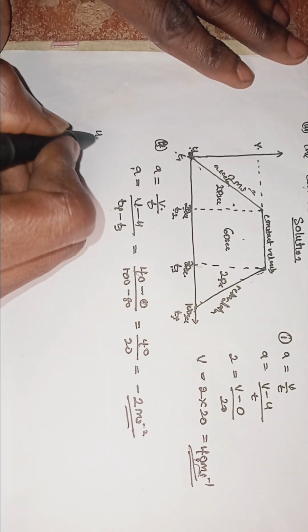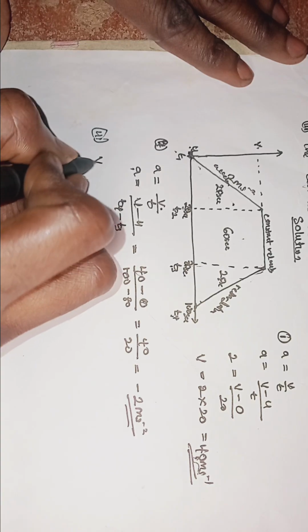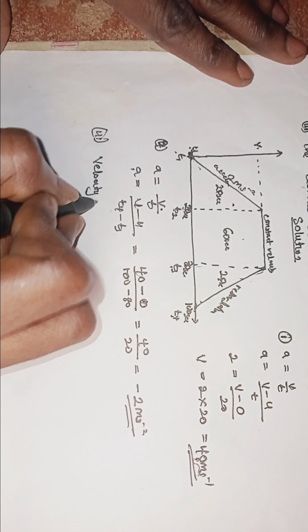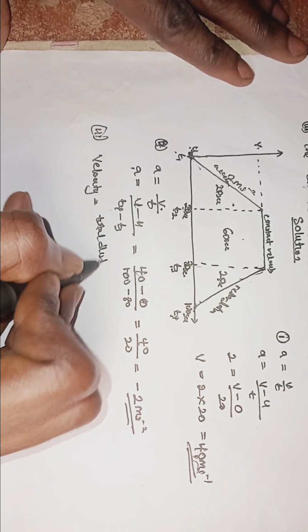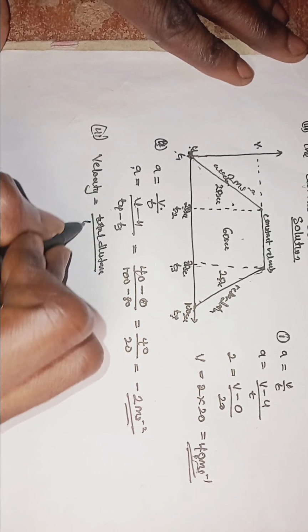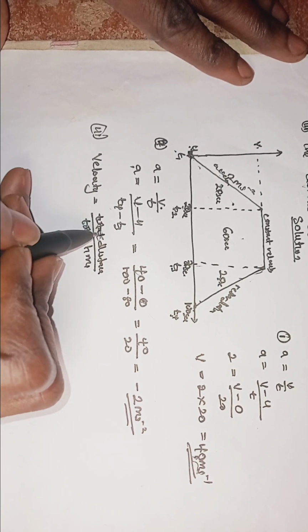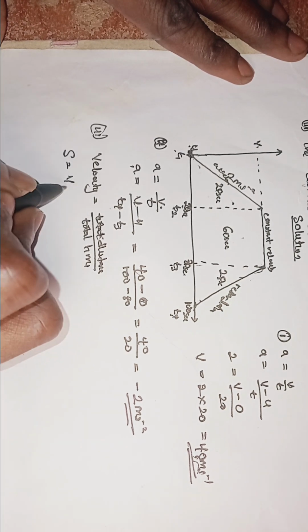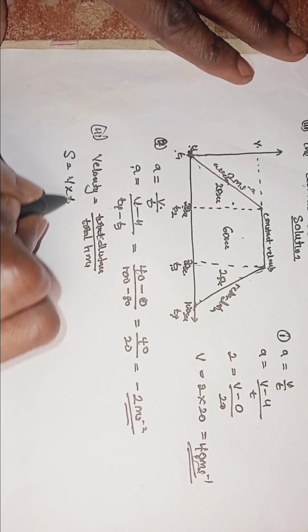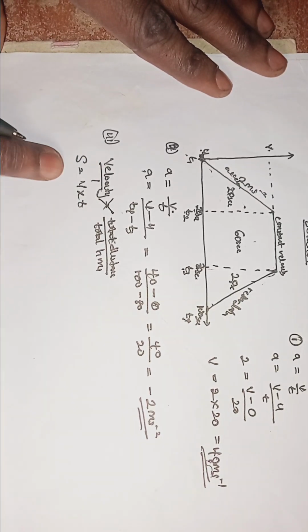So for my figure, we are going to have the velocity equal to total distance upon total time. So we are solving for the total distance. Let us denote it as x, and denote velocity as v and this one as t, because if we cross multiply, we are going to have it like this.